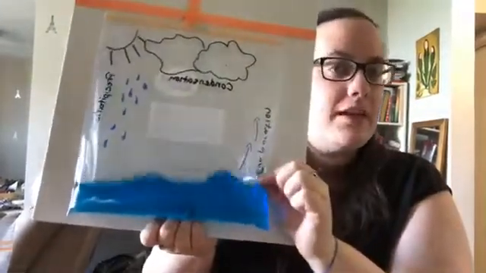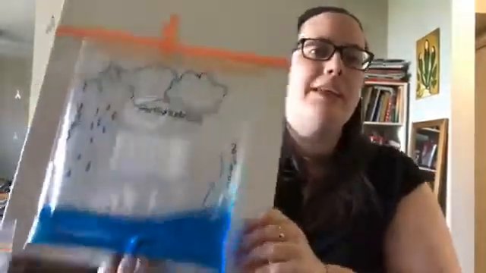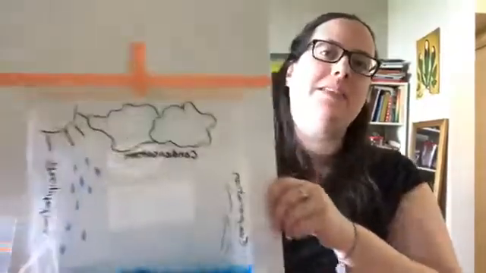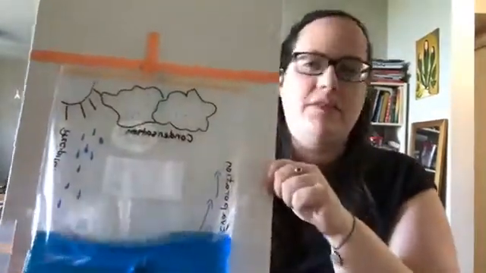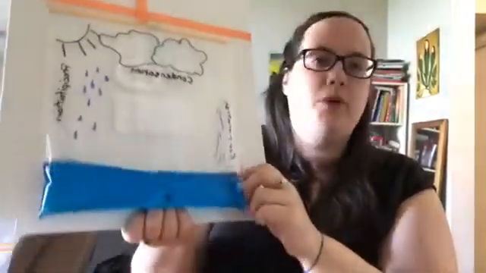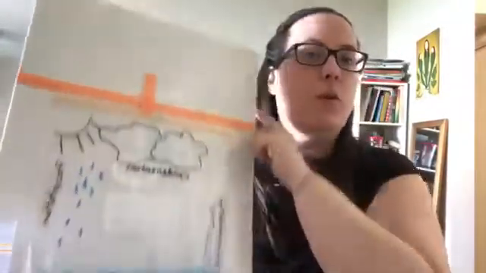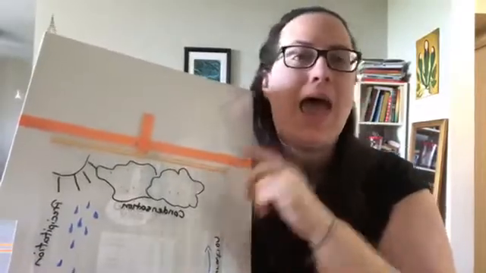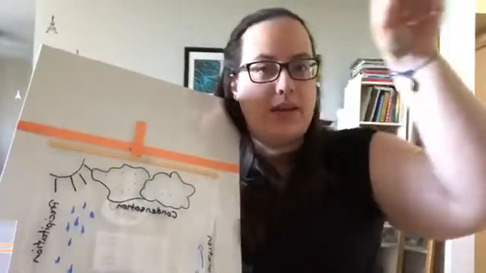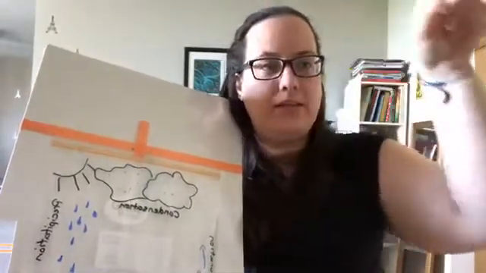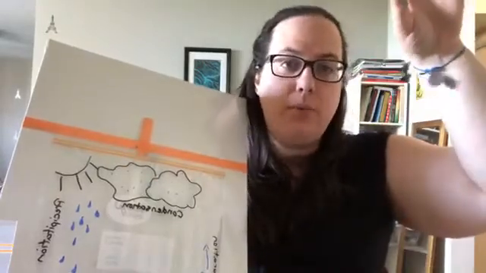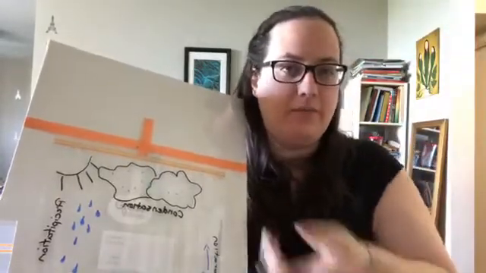So what you can do with this is put this in your window. I have it taped to my canvas here to help show you. But what you should do is tape it onto a window with lots of sunlight, and you can watch the process. The water will evaporate, it'll condense up at the top, and then it'll rain back down.